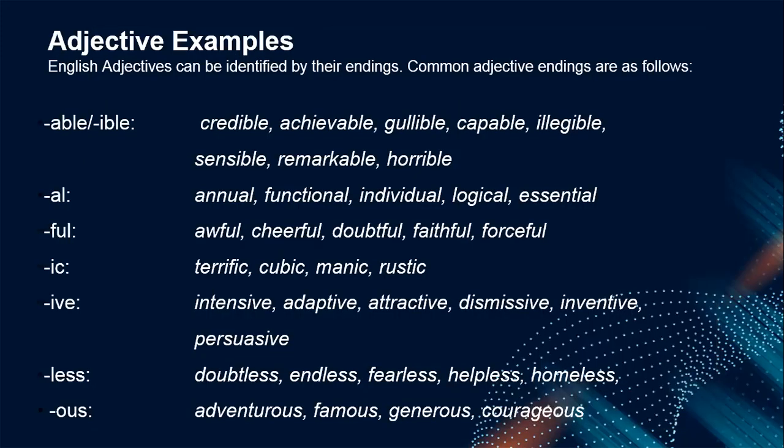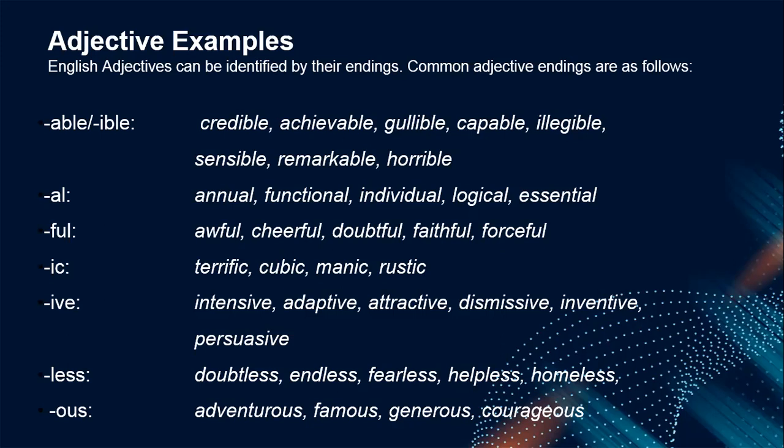Coming to another important thing about adjectives: how to identify adjectives. There are some suffixes, for example, -able or -ible, -al, -ful, -ic, -ive, -less, -ous, and these are the examples.